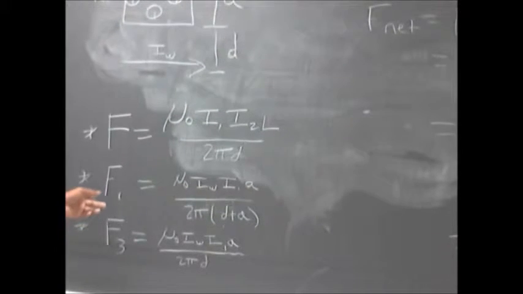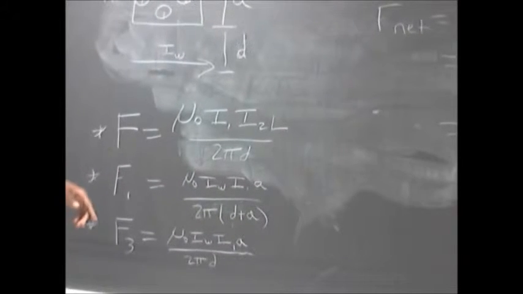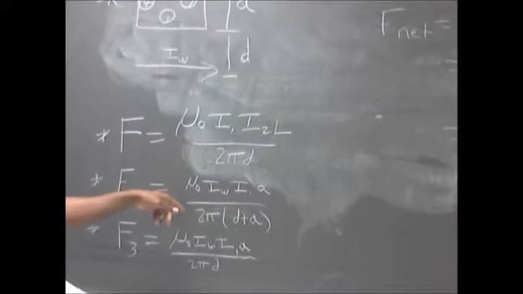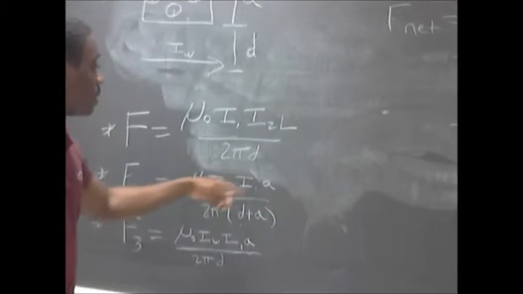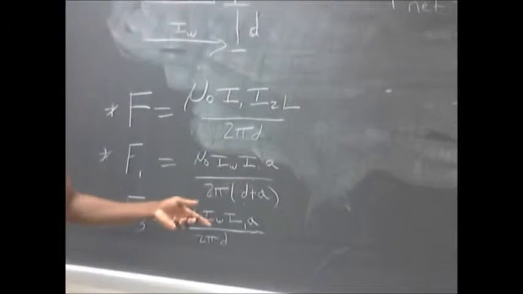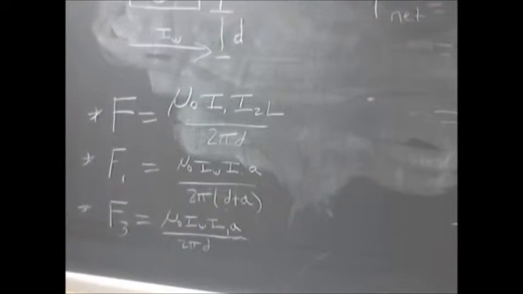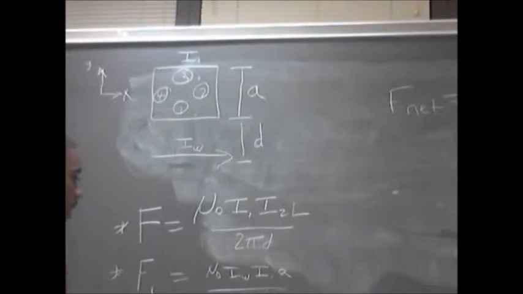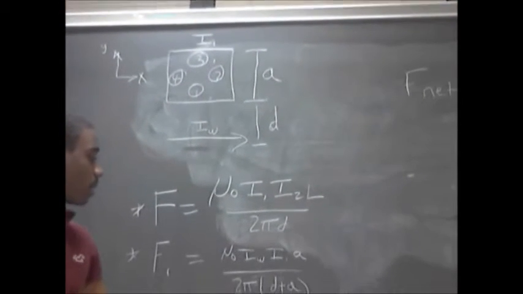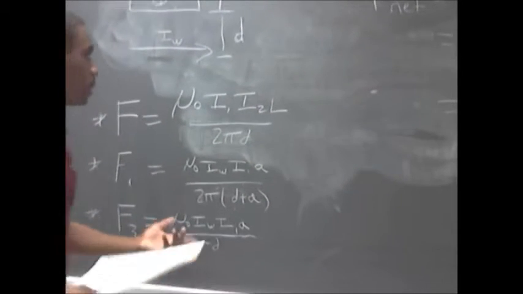From that, we got F1, the force on wire 1, is equal to mu naught times IW times I1 times distance A over 2 pi times D plus A, which is the distance of this whole thing. And for the force on 3, we got mu naught times IW times I1 times the distance A over 2 pi times D, or distance.